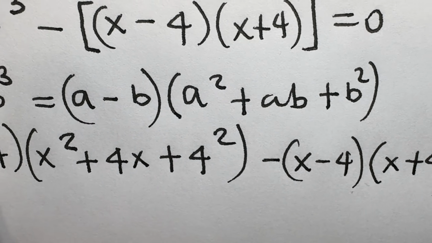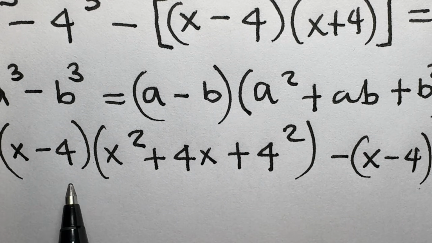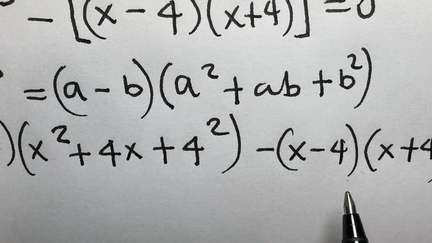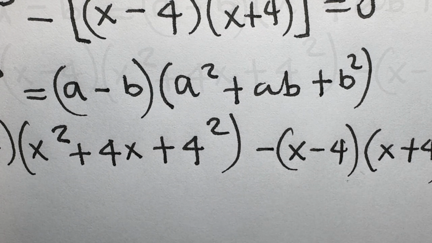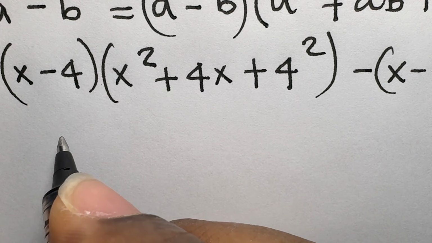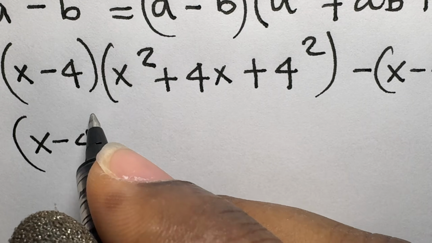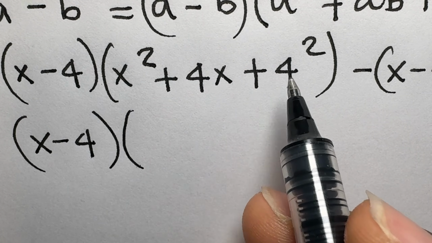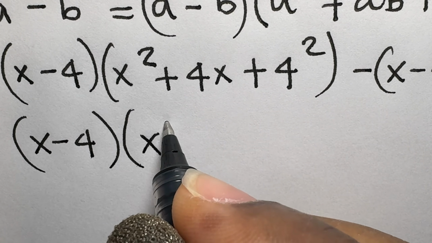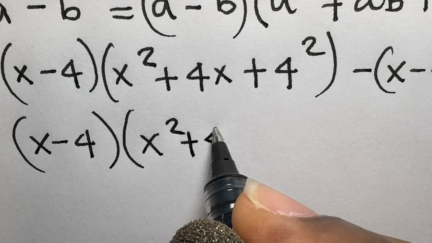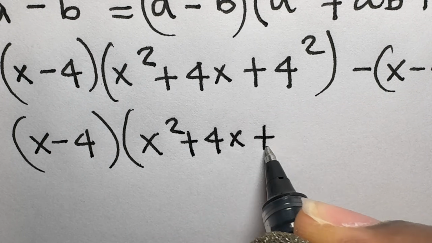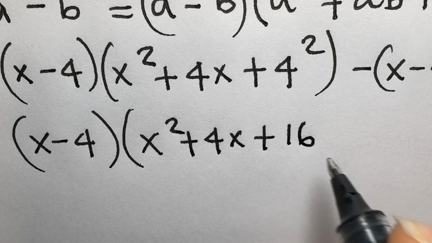If you look at these two factorizations, there is x minus 4 here and also x minus 4 here. So we can factorize x minus 4 into brackets. What will be left here is x squared plus 4x plus 4 squared here is 16.